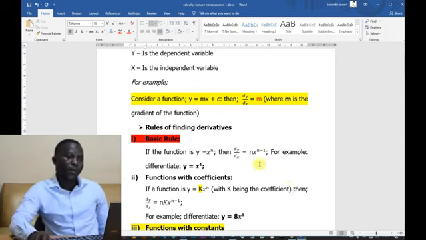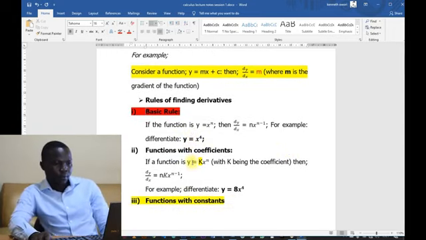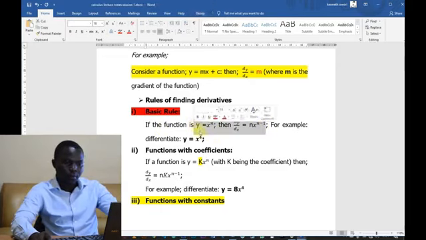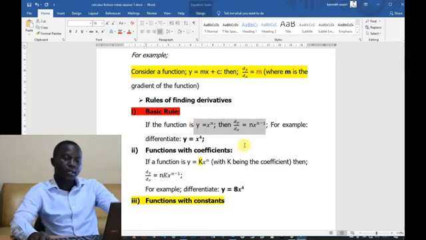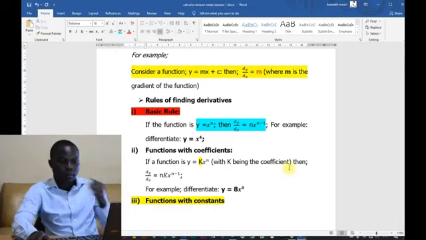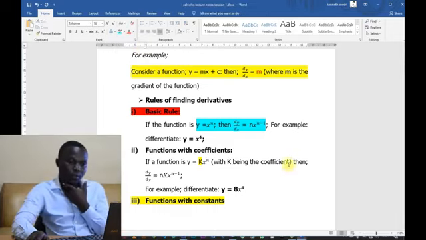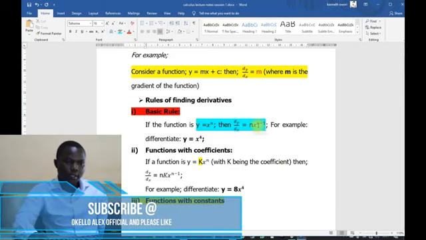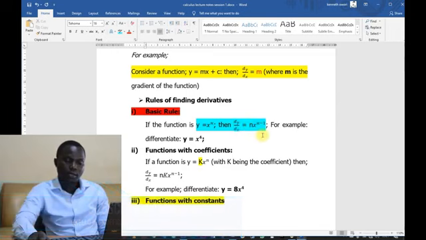For example, under the basic rule, we are told that if a function y equals x power n, where n is the power and x is the expression or the function, the derivative would be given as dy dx equals n times x power n minus 1.